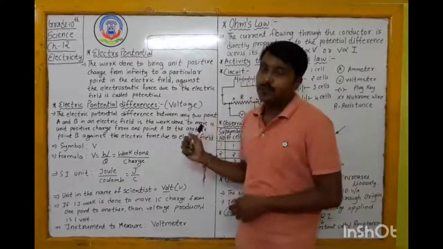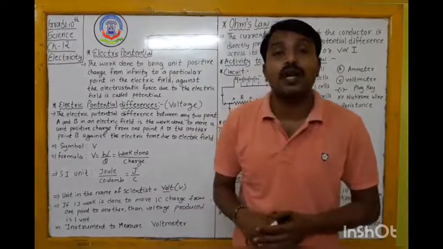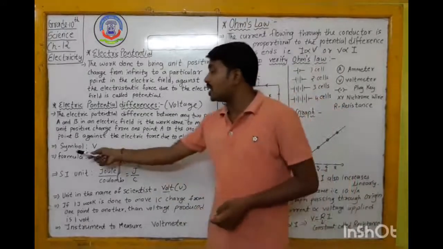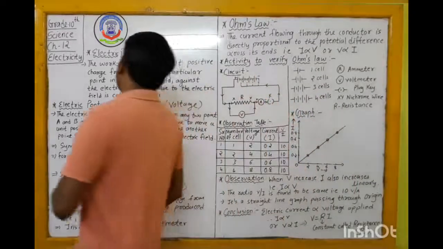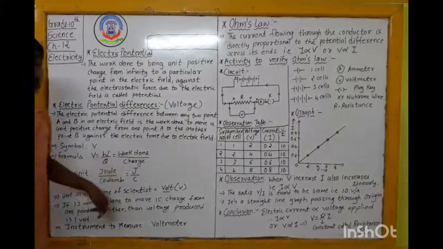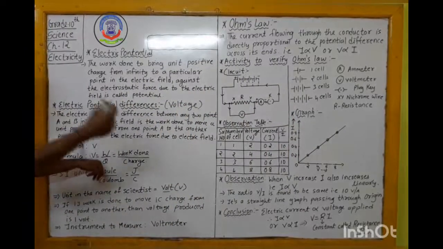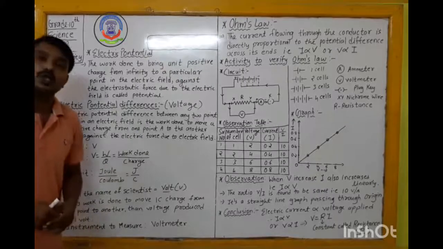Electric potential or electric potential difference is also called by the name voltage, and it is symbolized by capital V. You have to write the V in capital letter. Then its formula is, see, you have work done, but work done for what? To bring the electric charge from one point to another. So W by Q is the formula to calculate the voltage across 2 points in the circuit.